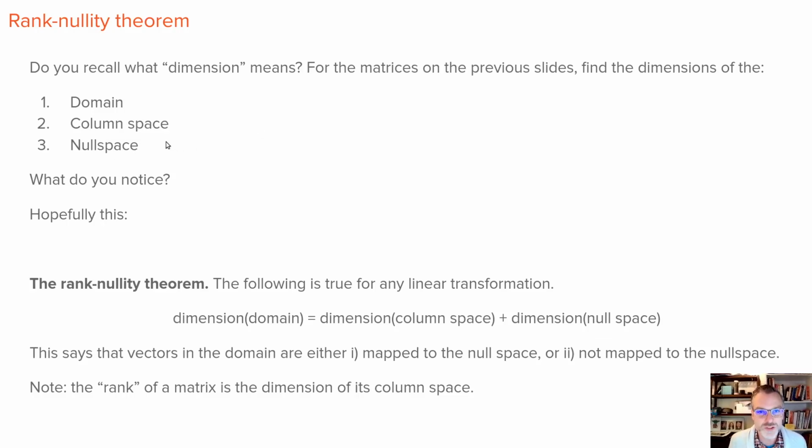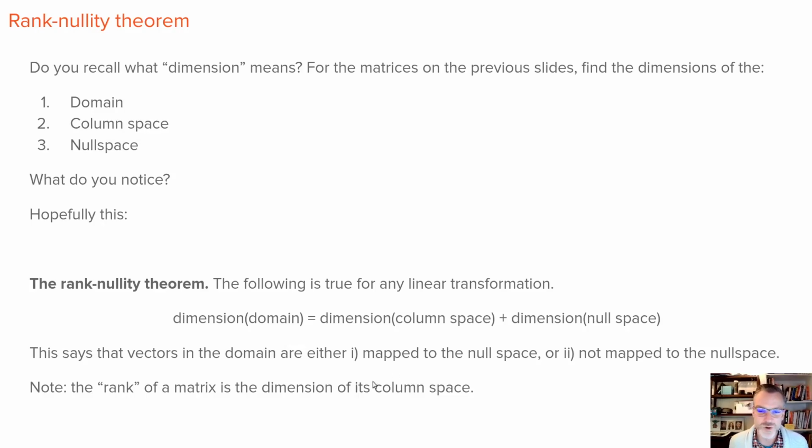So the dimension of the domain is the dimension of the column space, the stuff that gets mapped to non-zero vectors, plus the dimension of the stuff that gets mapped to the 0 vector. If I were to reword this, it says all vectors in the domain either go to the 0 vector or some other vector. This theorem accounts for all possible vector mappings under that one matrix multiplication.